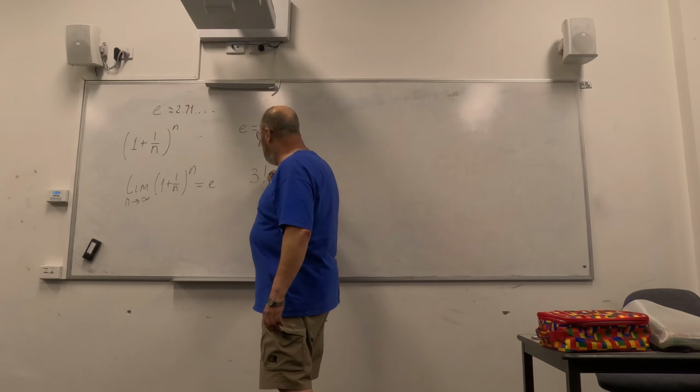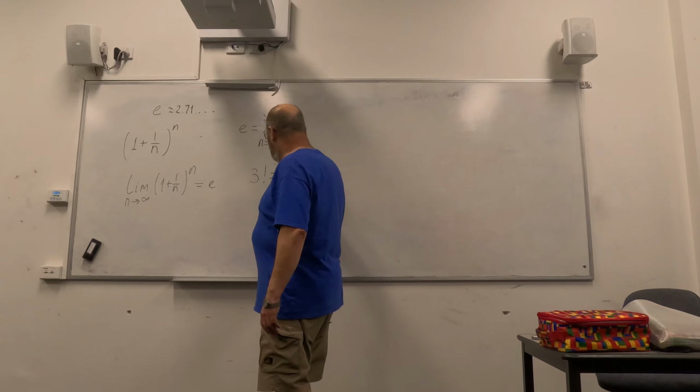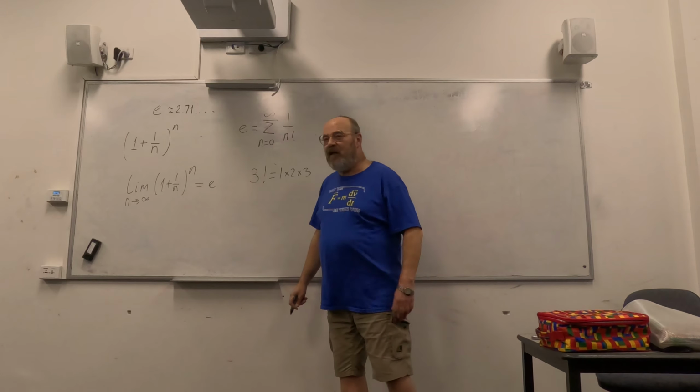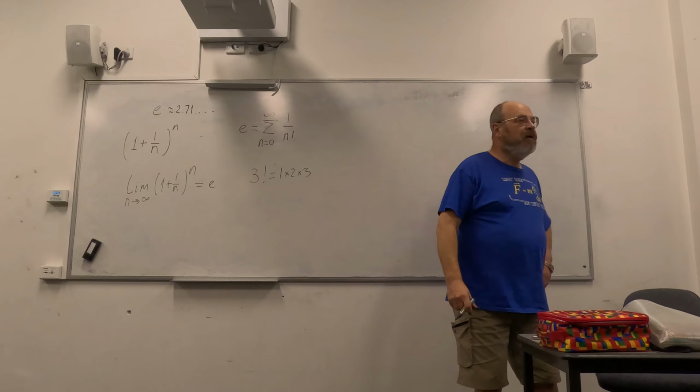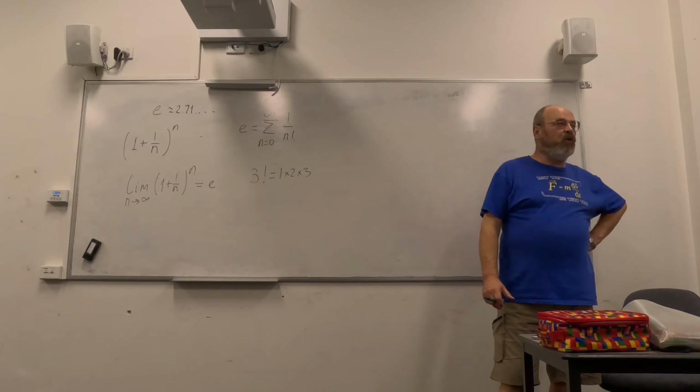Let's say 3 factorial is 1 times 2 times 3. That is factorial.